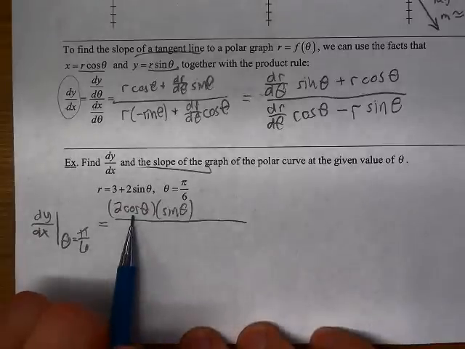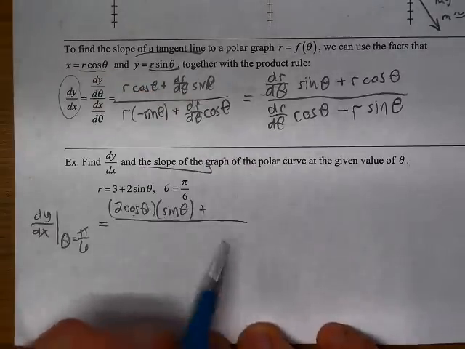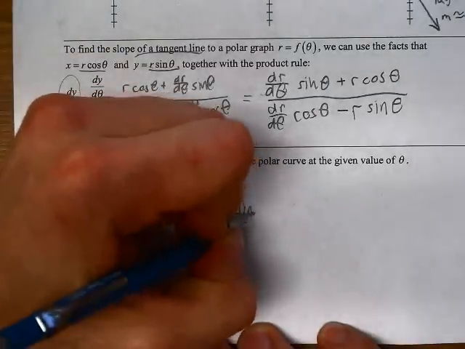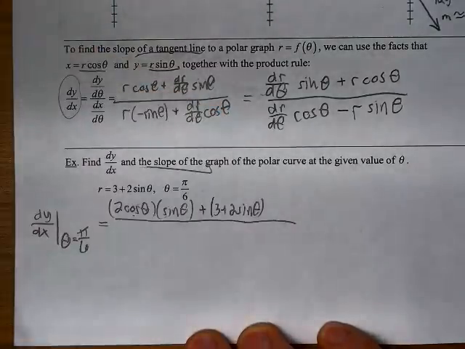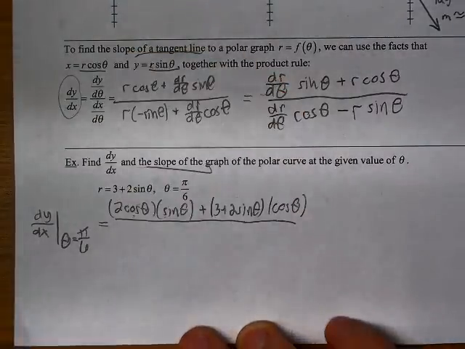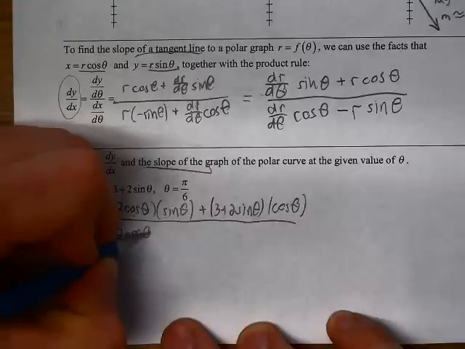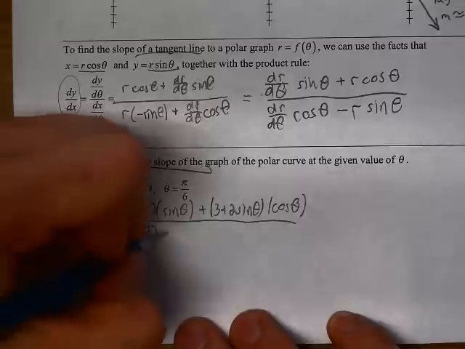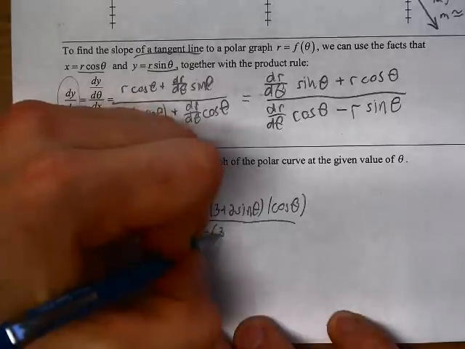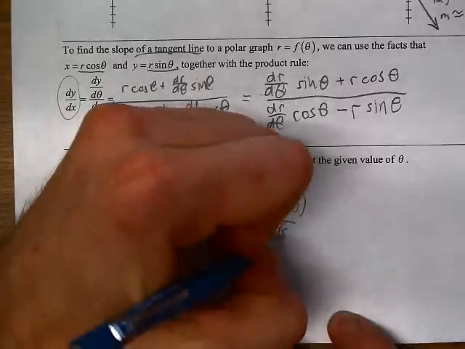So here's dr/d theta times sine of theta, plus r, which is 3 plus 2 sine theta, times cosine theta. And our denominator is dr/d theta again, so 2 cosine theta times cosine theta now, minus r, which is 3 plus 2 sine theta, times sine theta.